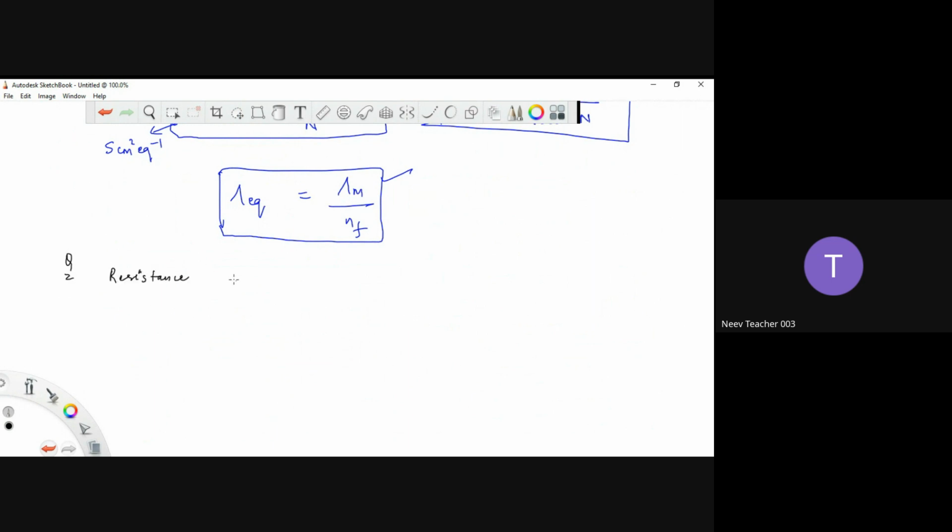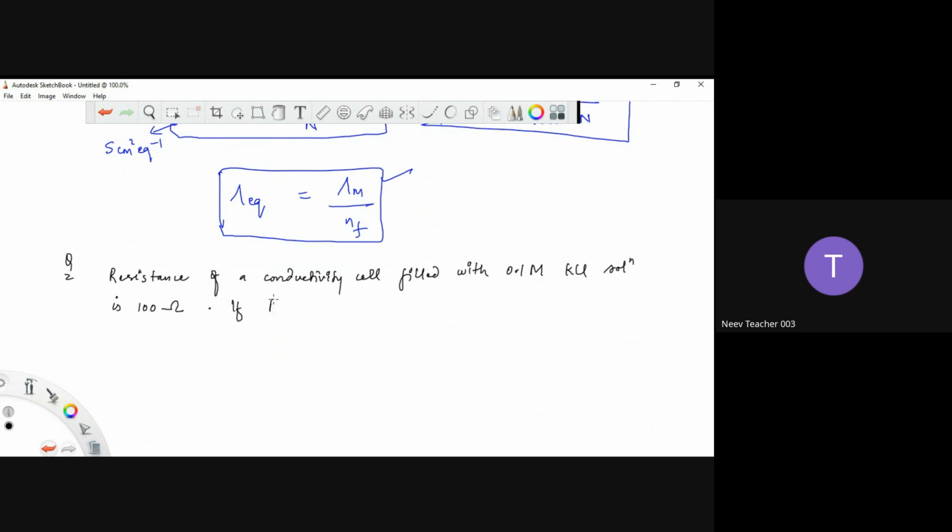Resistance of a conductivity cell filled with 0.1 molar KCl solution is 100 ohm.